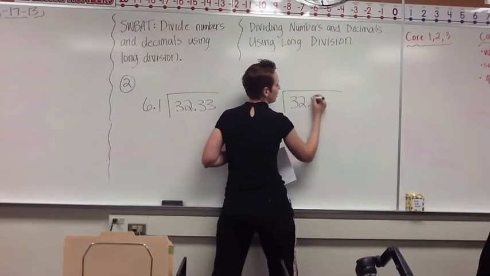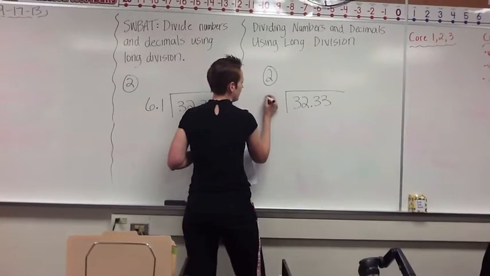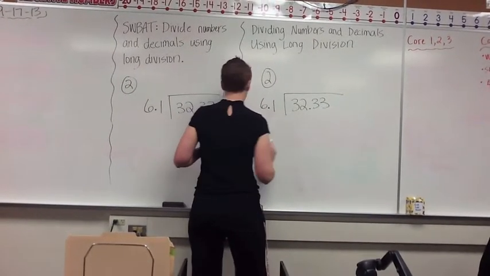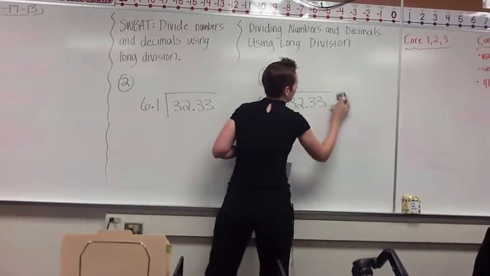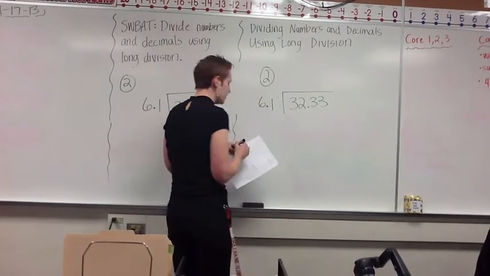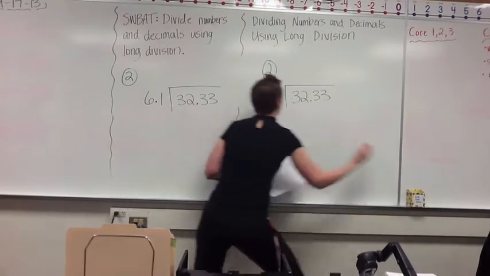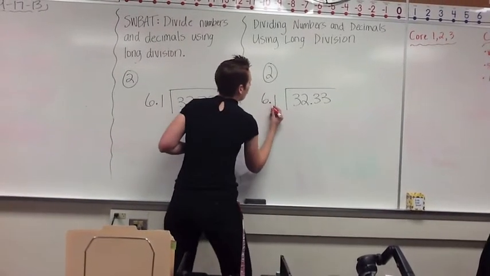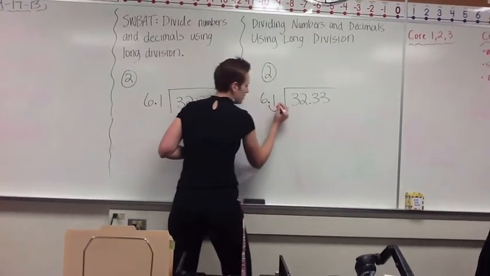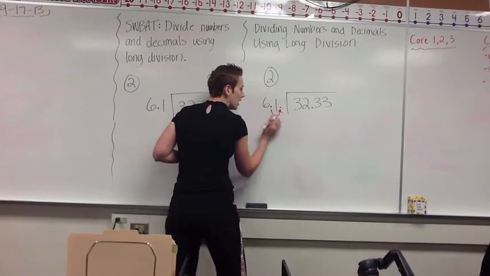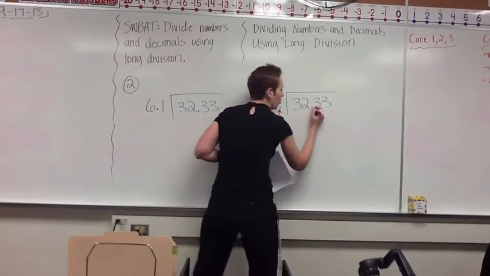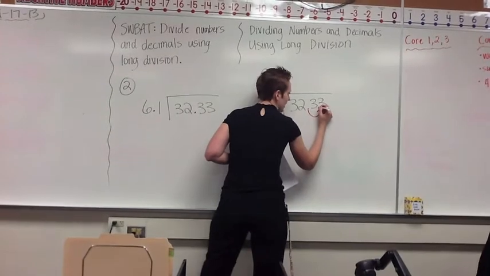Okay. 32.33 divided by 6.1. So, the first thing that you need to do to set this up is that you have a decimal on the outside. You're going to move that over 1 decimal place so that you have a whole number on the outside. And since we moved this over 1, we're going to move this over 1 on the inside as well.